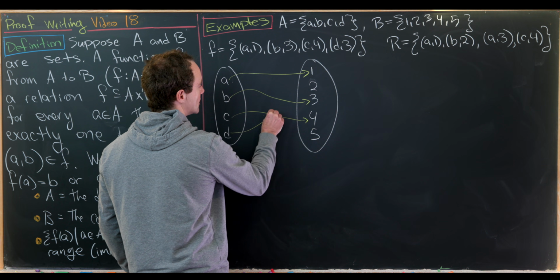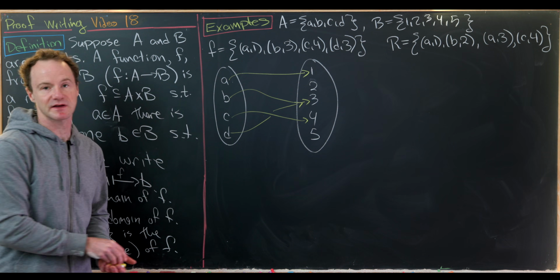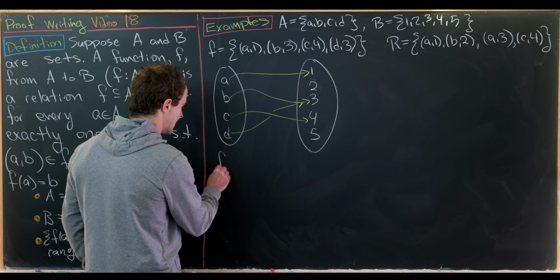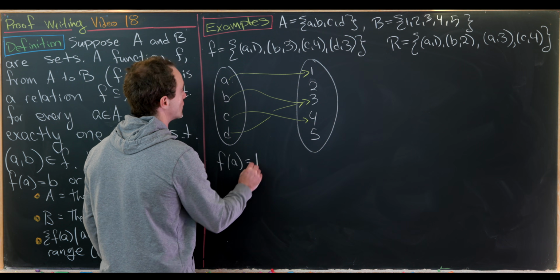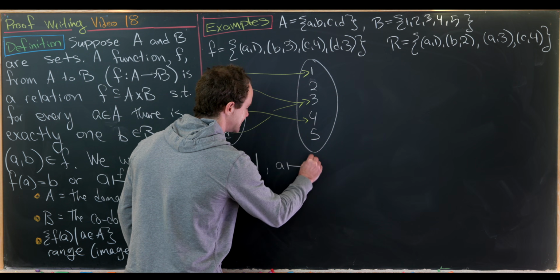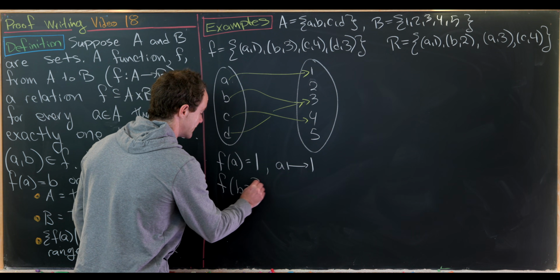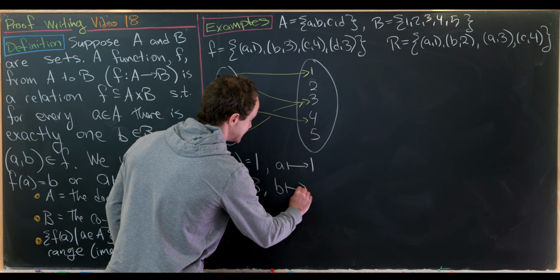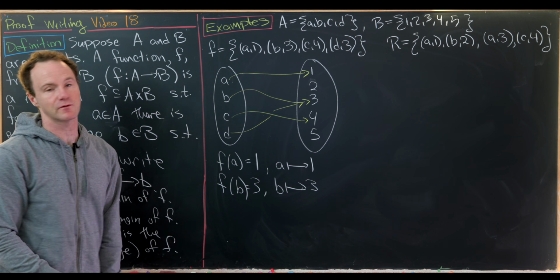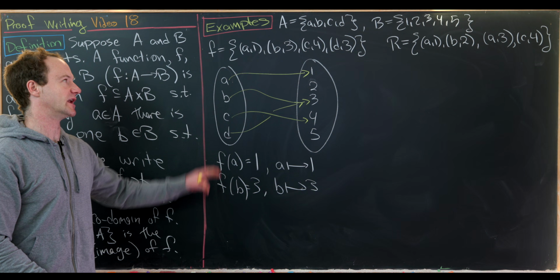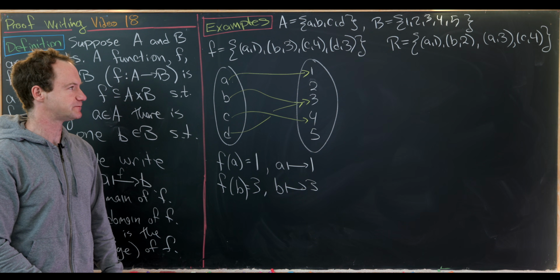And then d also gets mapped to 3. So we have something like this. We could also write it as f of a equals 1, or as a gets sent to 1. We could also write f of b equals 3, or b gets sent to 3, and so on and so forth. Those are just different ways of writing the same kind of thing over and over.